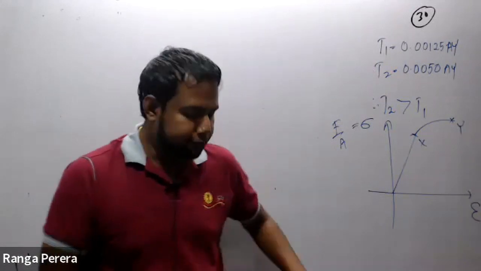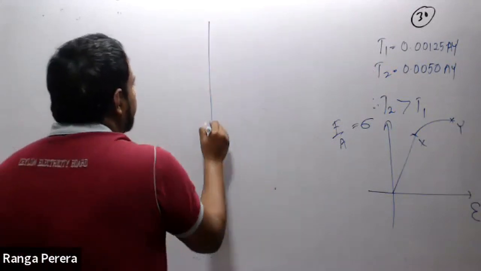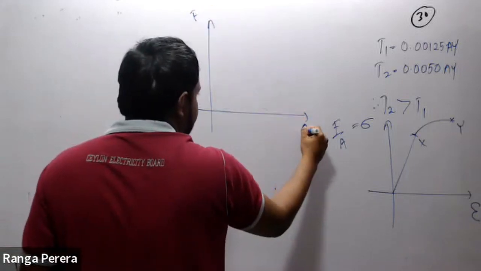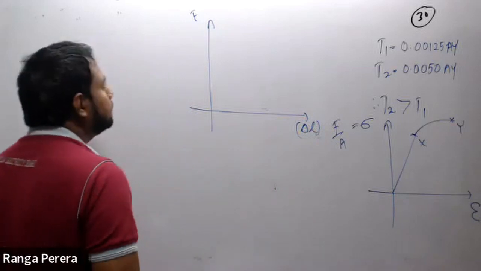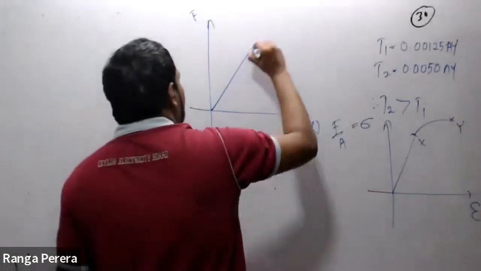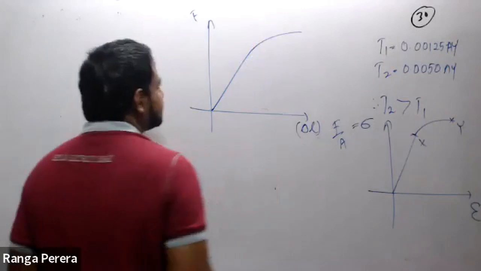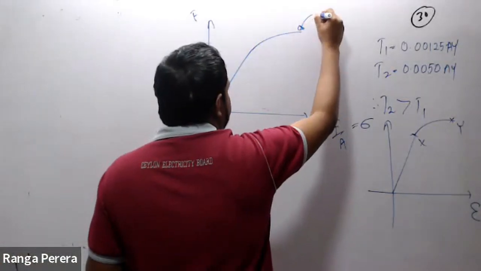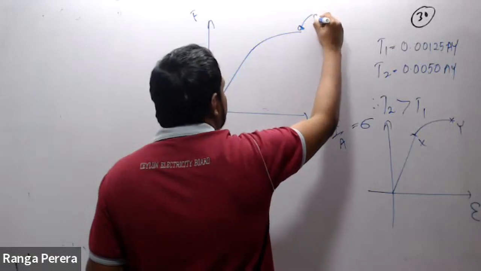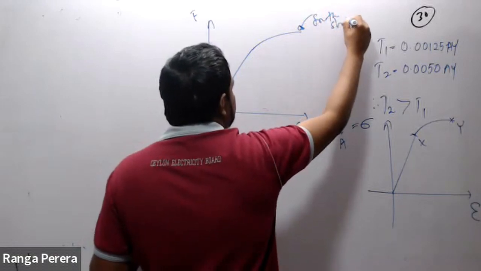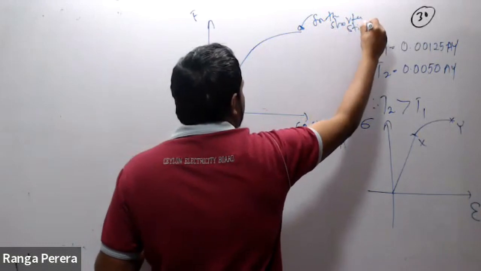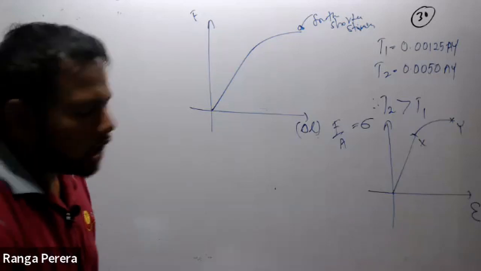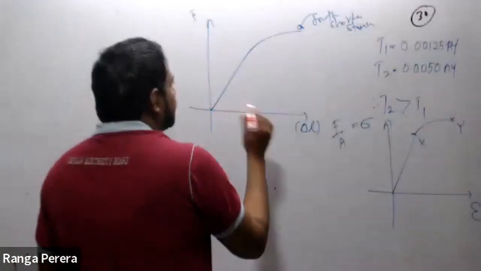If I plot it for clarity, the force versus extension graph, I can draw something like this. For the longer string, for the shorter string. What happened to the gradient?